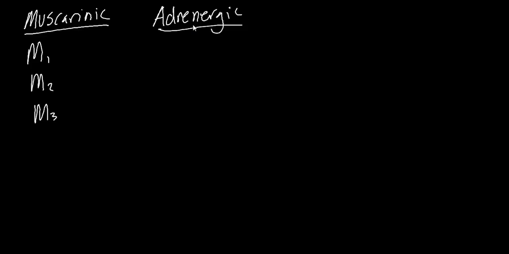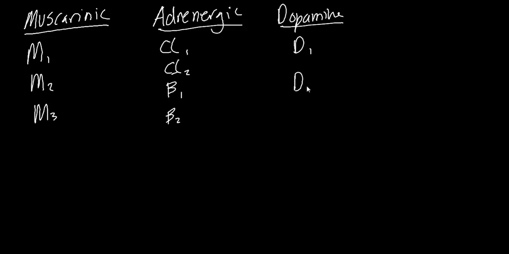Adrenergic receptors. You're going to have alphas: alpha 1, alpha 2, beta 1, beta 2. You're going to have some dopamine receptors, and you'll have subtype 1, subtype 2. Kind of getting a trend here. There are different subtypes to each of these.